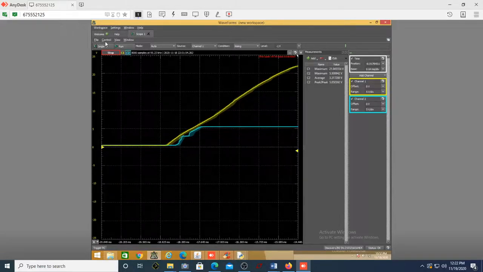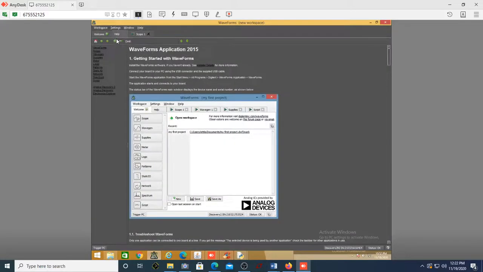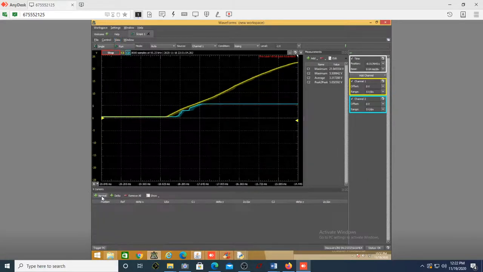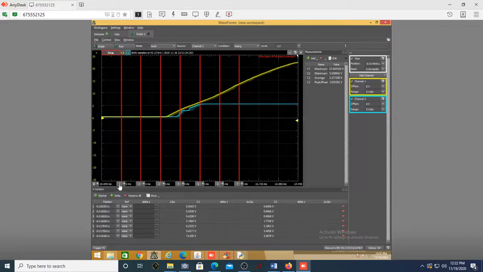To plot a graph, what you can do is simply put some cursors. This is the X cursor. I can put any number of cursors and place them appropriately to know the voltages at different points.